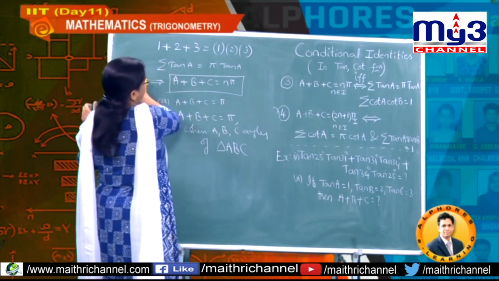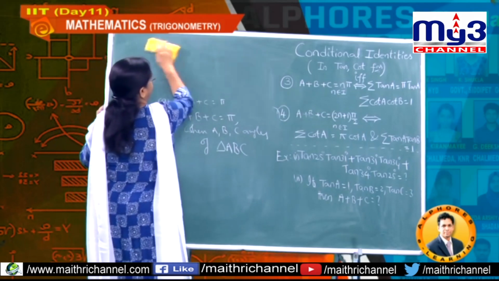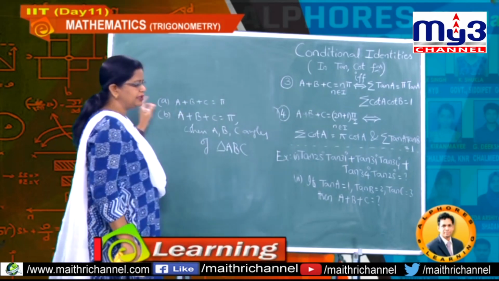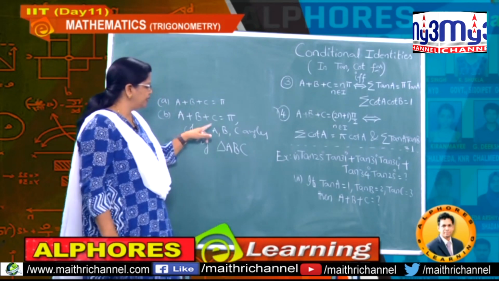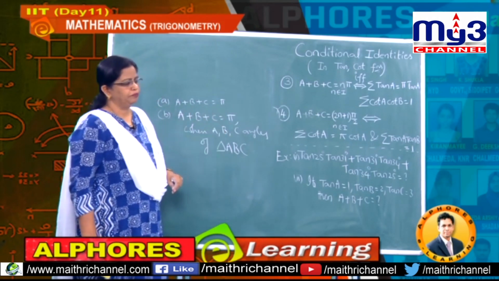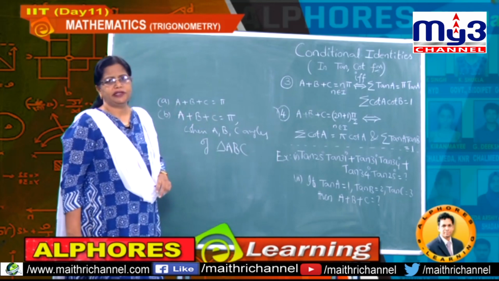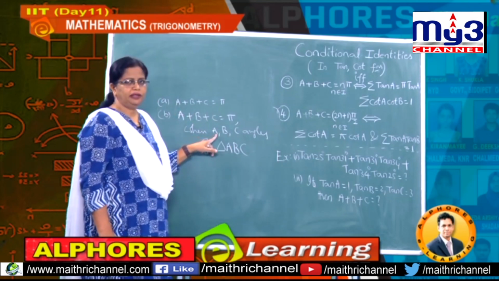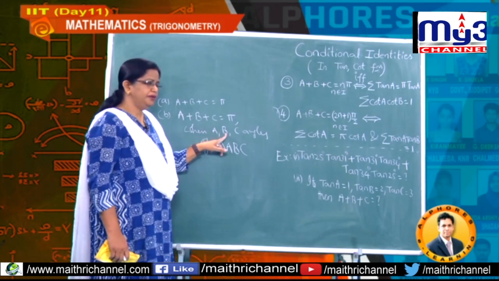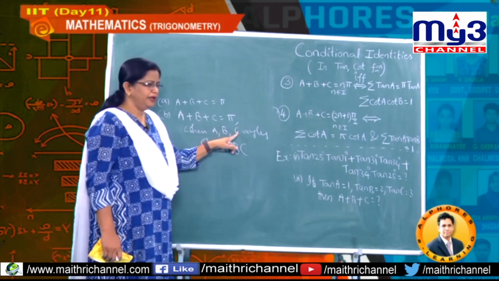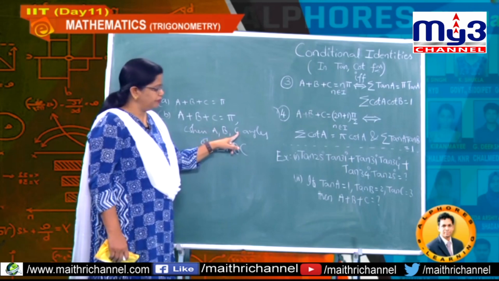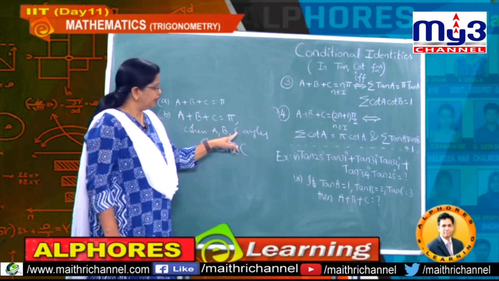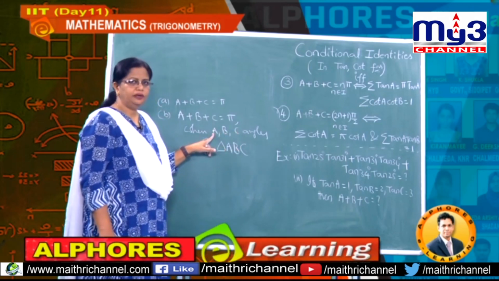No doubt A plus B plus C is pi. So in a triangle, students, all of you know the sum of angles is 180 degrees. But what are the necessary conditions for a triangle? Suppose one acute angle is present, the others may be an obtuse angle or a right angle, or all three may be acute angles.